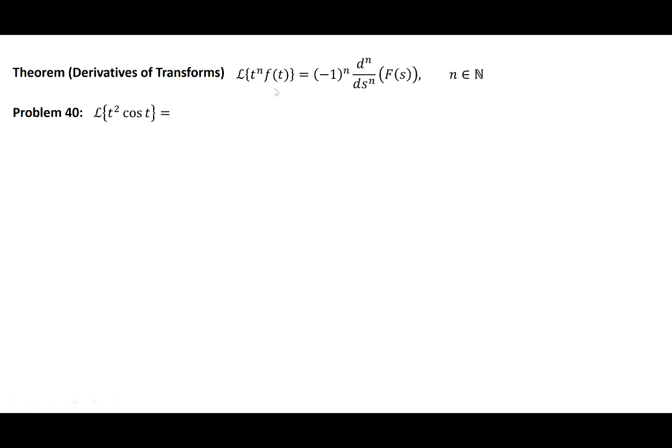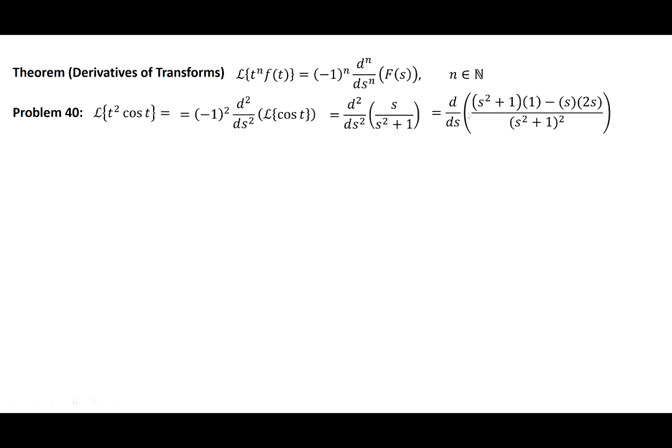So t square f of t, d square, negative 1 square, d square. Negative 1, the quantity square is just 1. Laplace of cosine t is s over s square plus 1. And we need to take two derivatives of this. First derivative, I'm applying quotient rule, low d high minus high d low over low low.